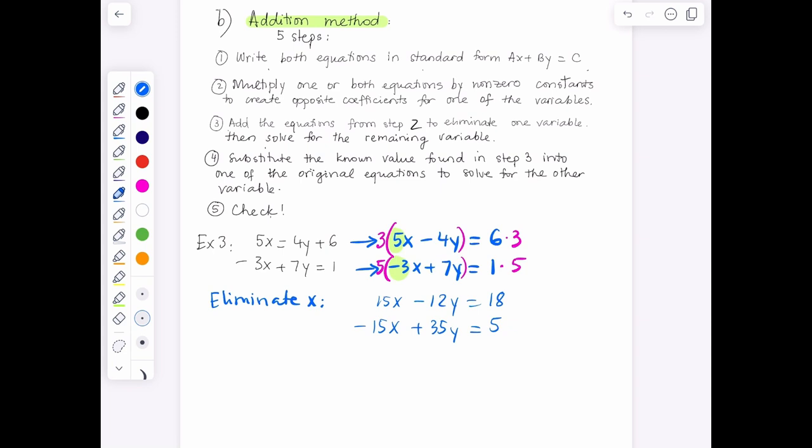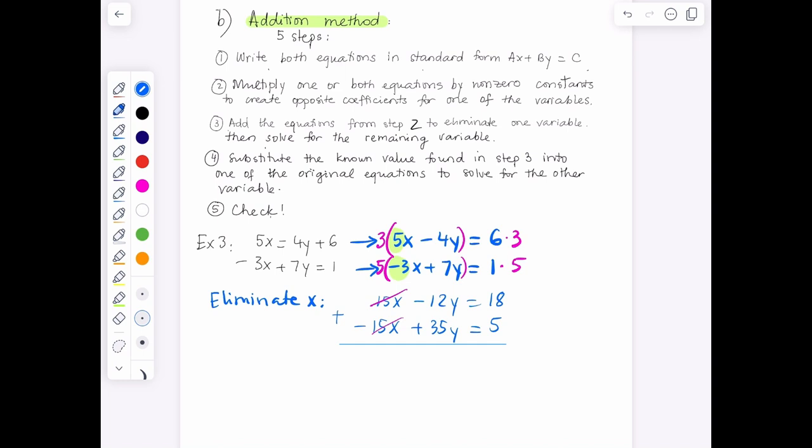Step 3, we want to add the equations from step 2 to eliminate one variable, then solve for the remaining variable. Okay, so let's go ahead and add these equations together. Watch how the x terms will cancel completely, because 15 and -15 are opposites of each other, so you get 0.